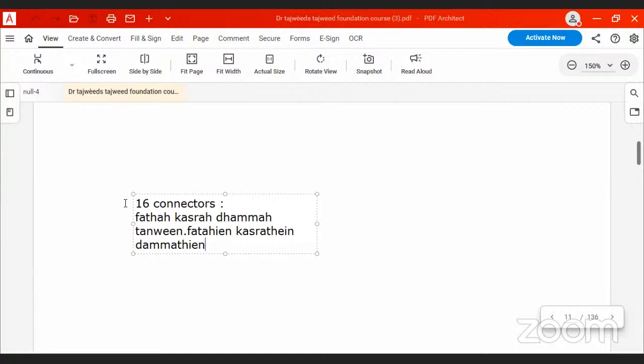Hope you are okay with it. So actually the 16 connectors will be taught to kids within 3 to 4 months. But since this is a basic course for adults, not for kids, you can learn it very fast. Now in the 16 connectors, we have already learned the 3 connectors, that is Fatha, Kasra, Dhamma.